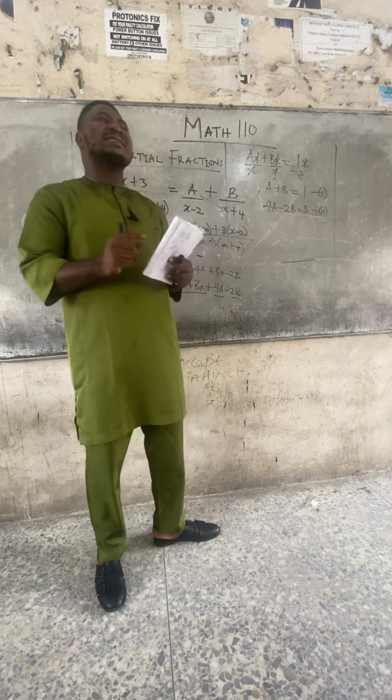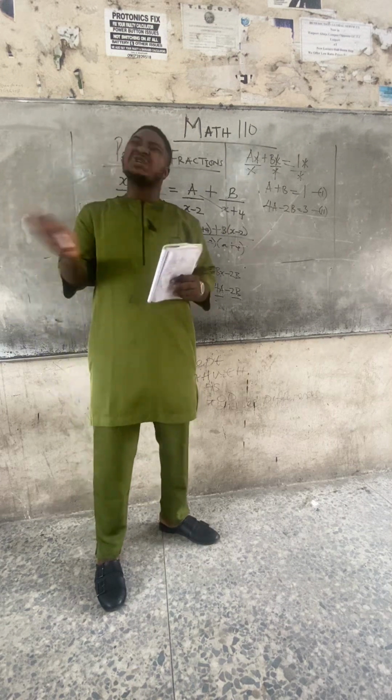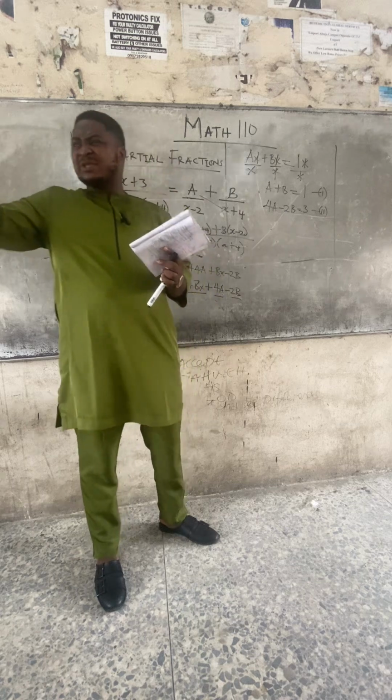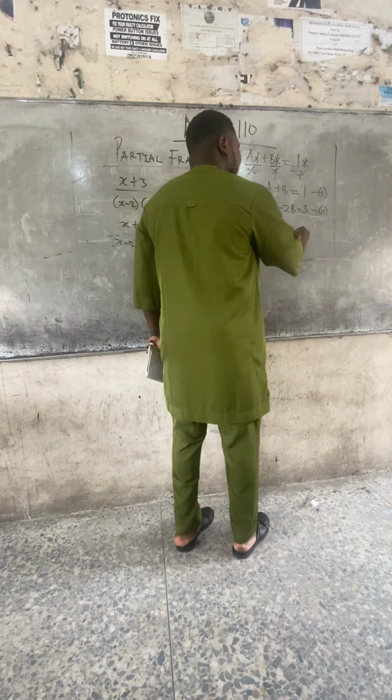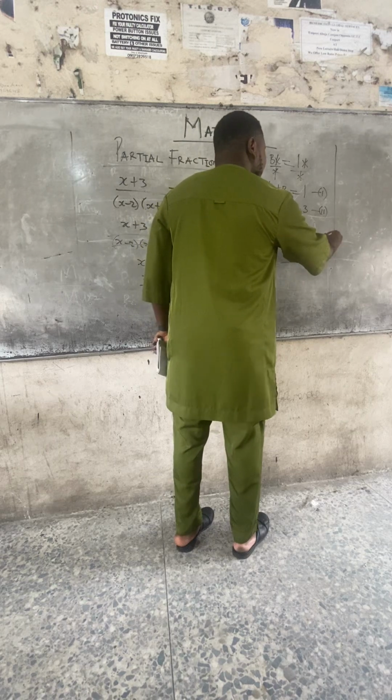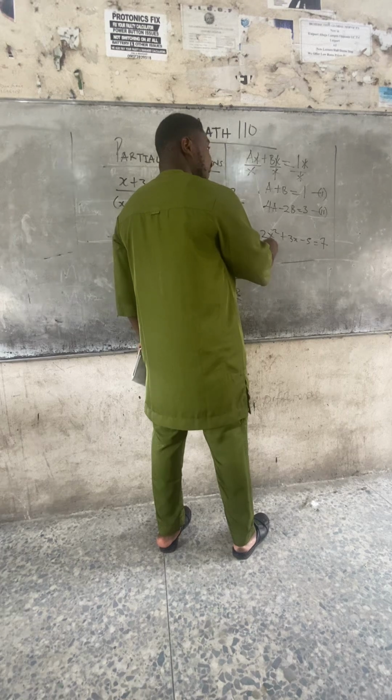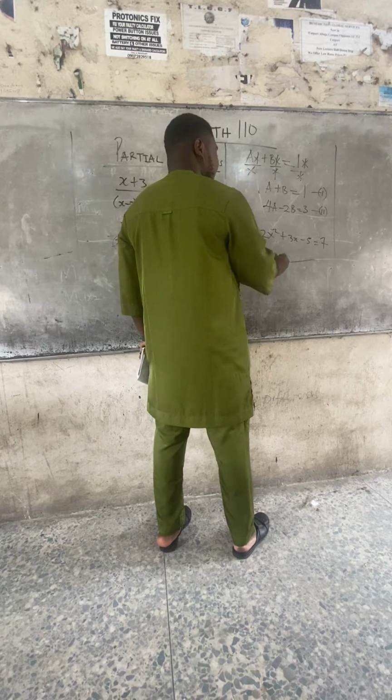I can store x as a particular number in your calculator and solve equations with it. I'll teach you how to store x as a particular number. If someone says 2x squared plus 3x minus 5 equals 7, for example, find x.